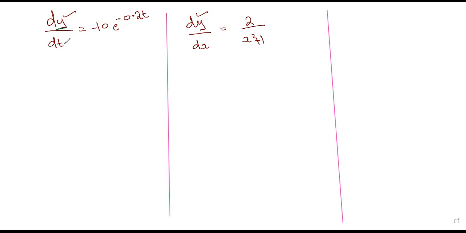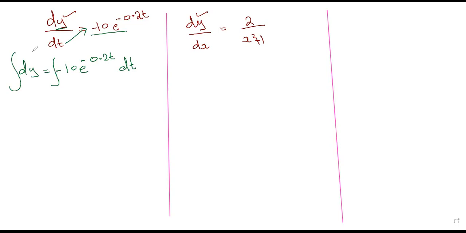We can take dt to that side. dy equals minus 10 e to the minus 0.2t dt, right? Are you clear so far? And we can integrate this expression on both sides, on this side with respect to y and on this side with respect to t.